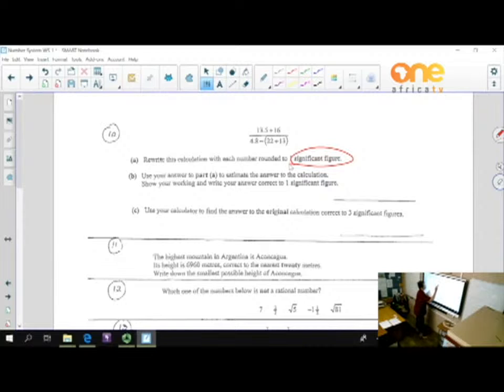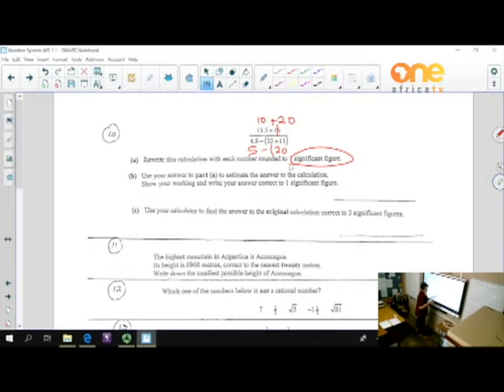So 13.5 to one significant figure will be 10, because it's not more than 5. 16, there's one significant figure, this will be 20. 4.8 to one significant figure, the 8 will influence there, so it is 5. Minus 22, so what is 22? 20, because the 2 won't influence it.